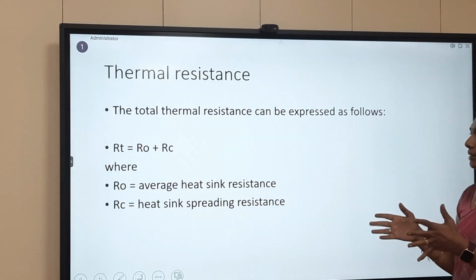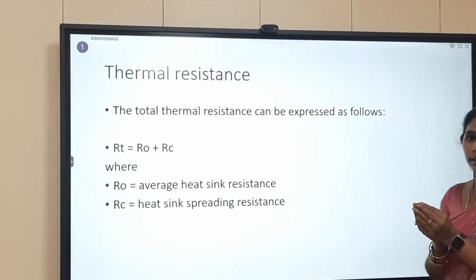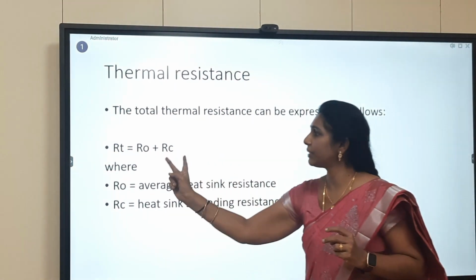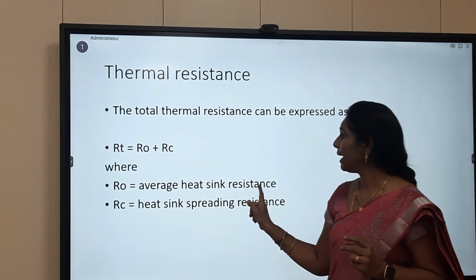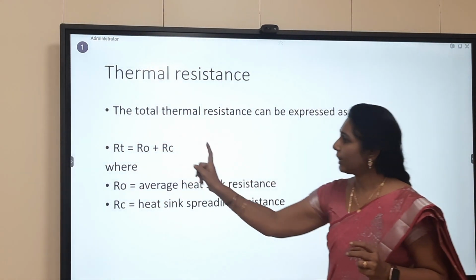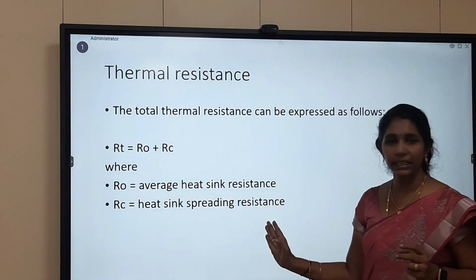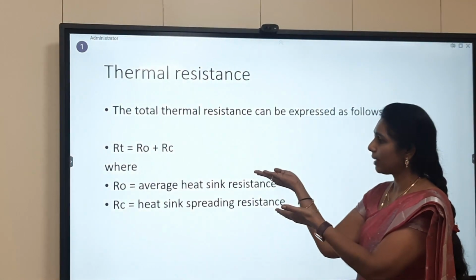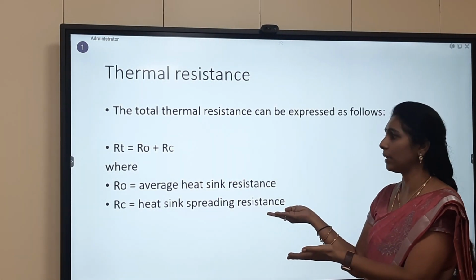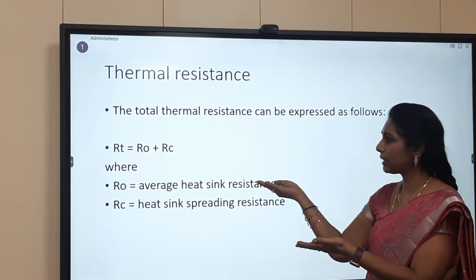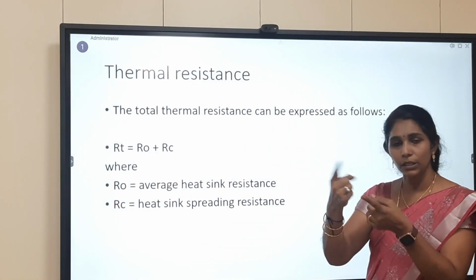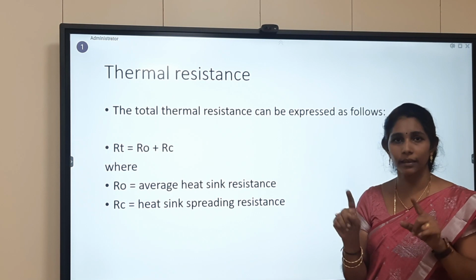Now looking at the thermal resistance, when I say total thermal resistance, it comprises two different parameters. The first one is the average heat sink resistance and the second is the heat sink spreading resistance. So what is this average resistance and what is the spreading? Average heat sink resistance is from the fin surface to the air.